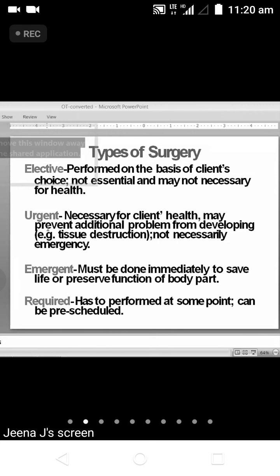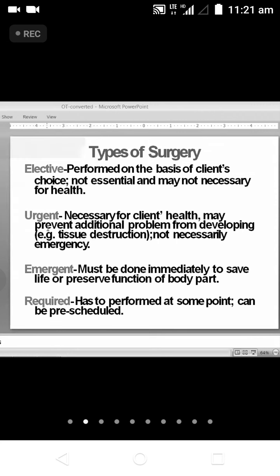Like if you have kidney stones, or if the mother is pregnant and they want to decide which date the delivery has to take place, such types of surgeries you call elective surgeries, where the patient will be planning the date of surgery. Examples of these types of surgery are kidney stone removal, as well as removal of wart.